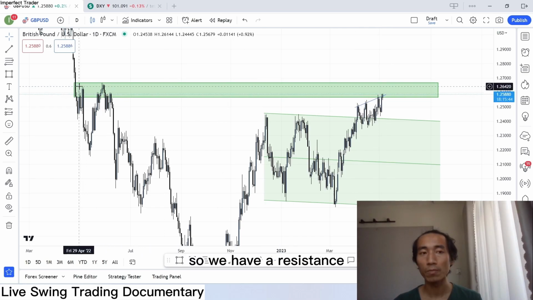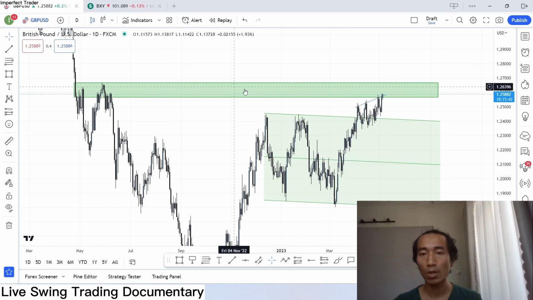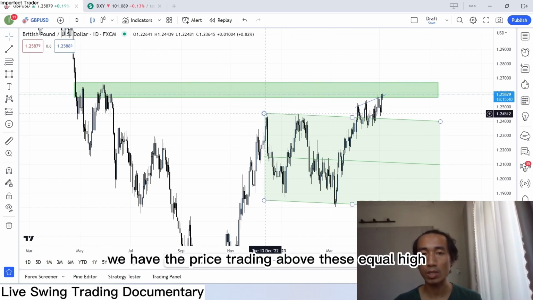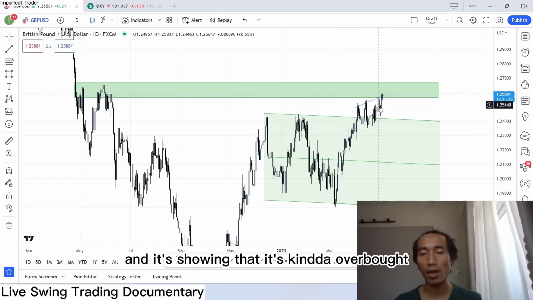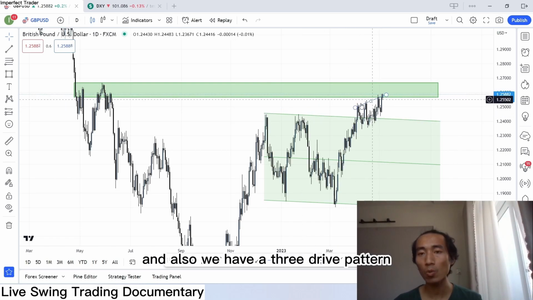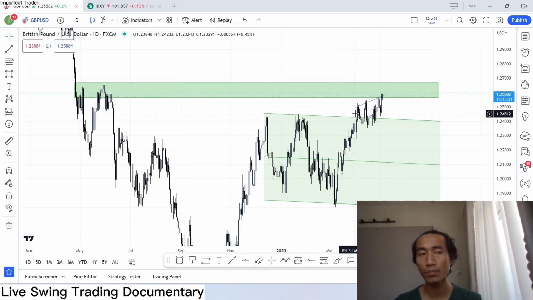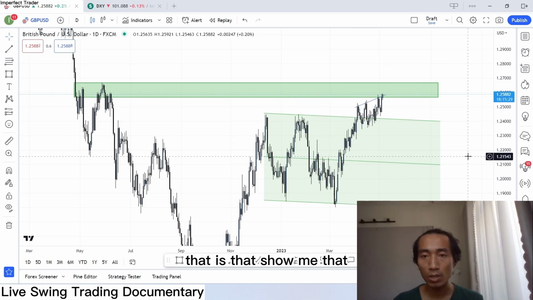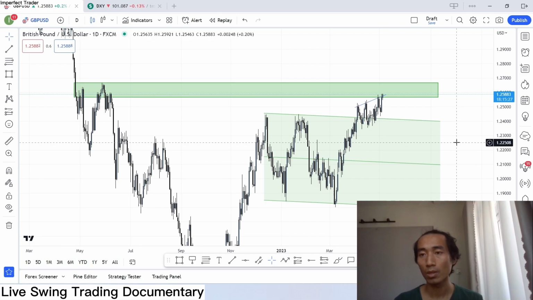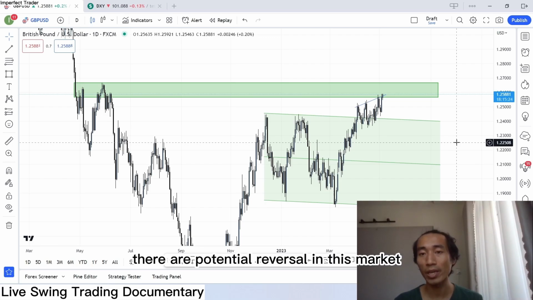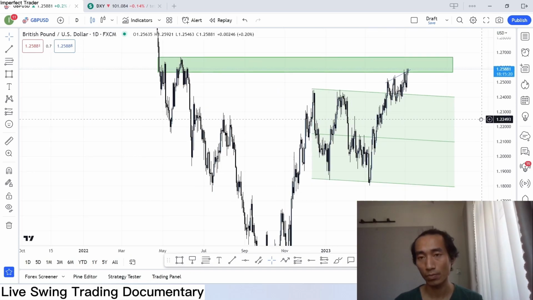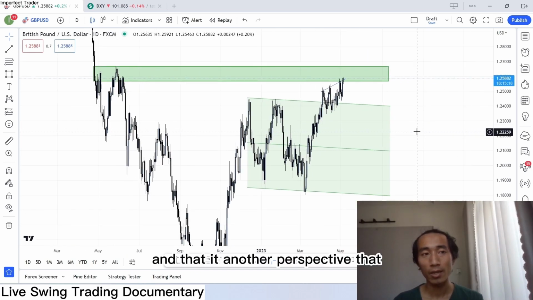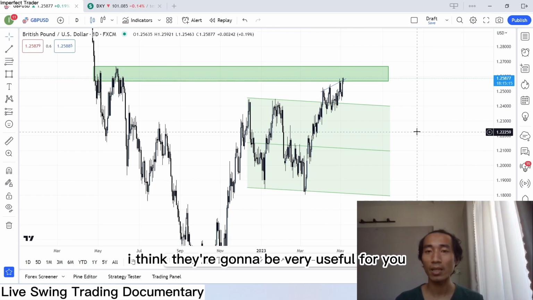So we have a resistance, we have price trading above the equal highs, and it's showing that it's kind of overbought. And also we have a three-drive pattern that shows me there is a potential reversal in this market, and that's really why I sold. And that is another perspective that I think is going to be very useful for you.